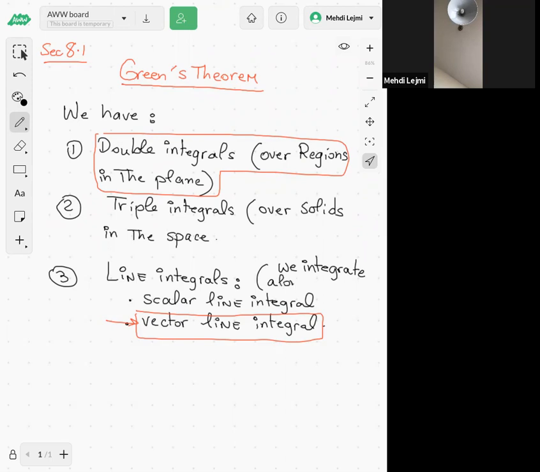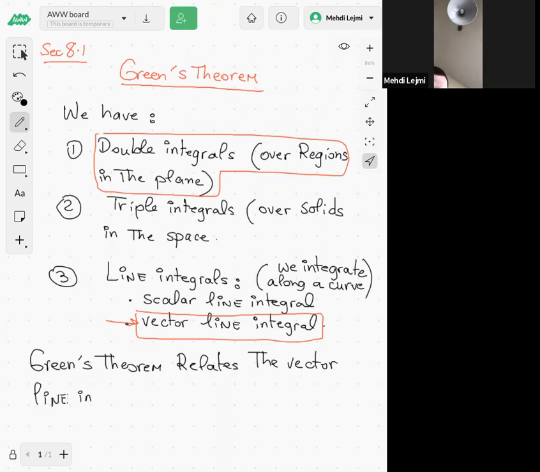And so what I'm saying is that Green's theorem relates the vector line integral along some curve, or around, let's say, a closed curve, and I will define in a couple of minutes what I mean by closed.